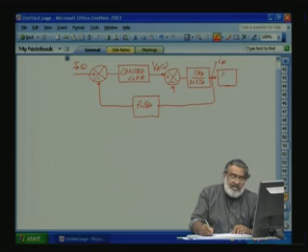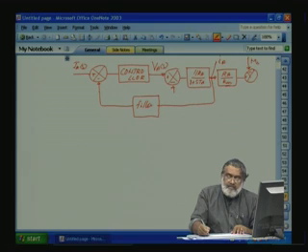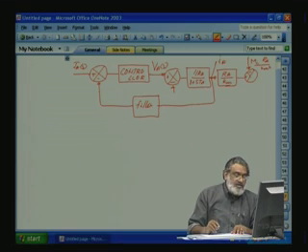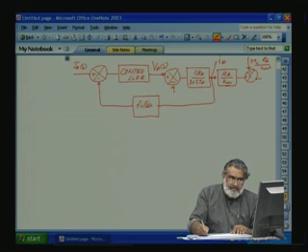Now, this IA divided by Km is our driving torque. Minus ML into RA by Km square. We have brought the electromechanical time constant into the picture here.